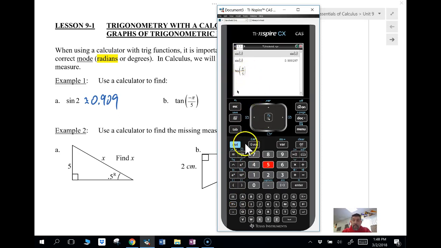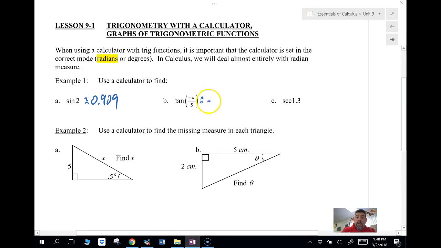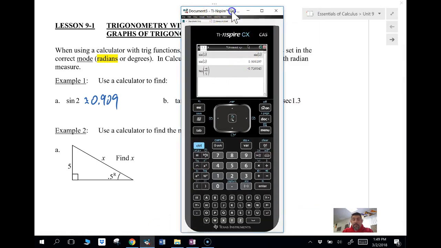I'm going to hit Control Enter, and I'm going to get negative 0.727. All right, so negative 0.727. Again, 3 decimal places.